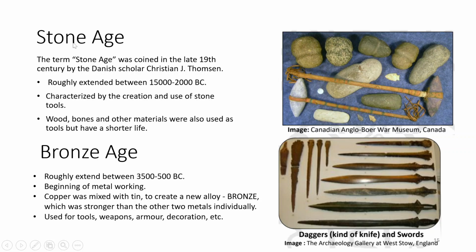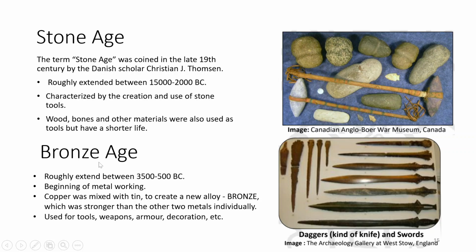So earlier, Stone Age, it was coined in the late 19th century by Christian J. Thomsen, and it roughly extended between 15,000 to 2000 before Christ, and it is characterized by creation and use of stone tools. Other materials were also used, but not to that extent, and their life was also shorter.